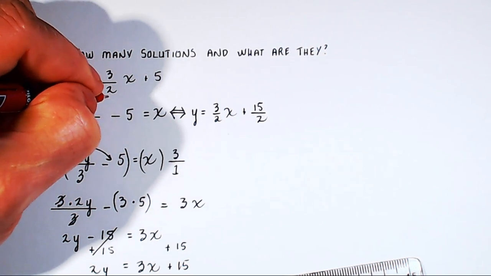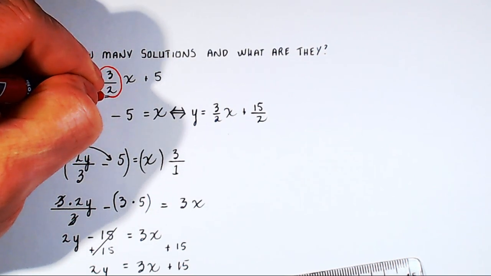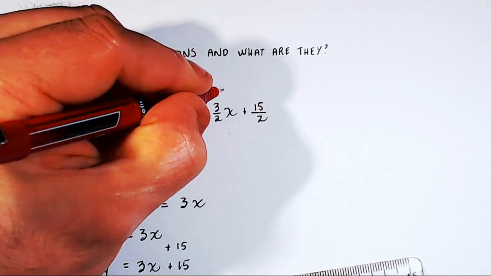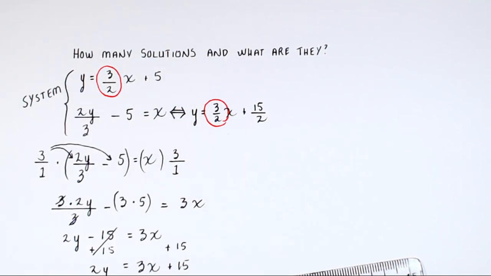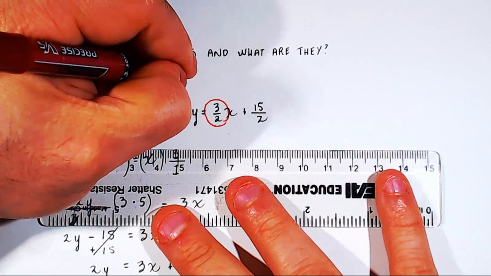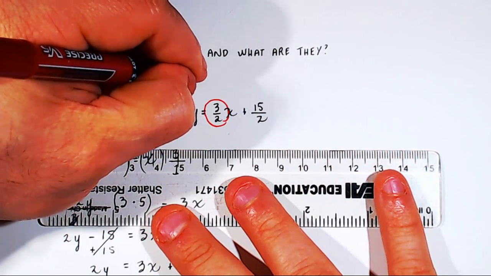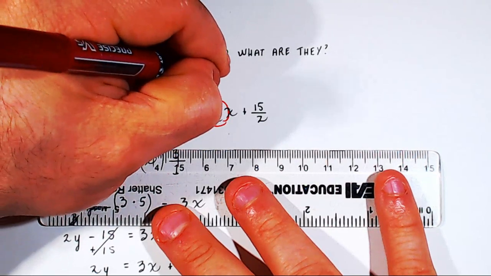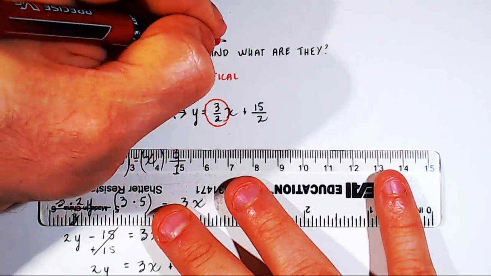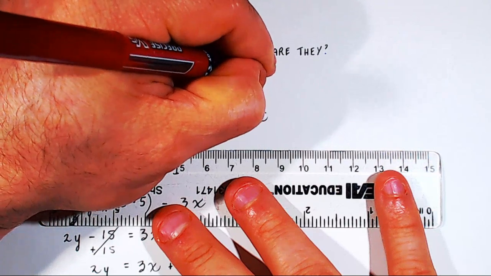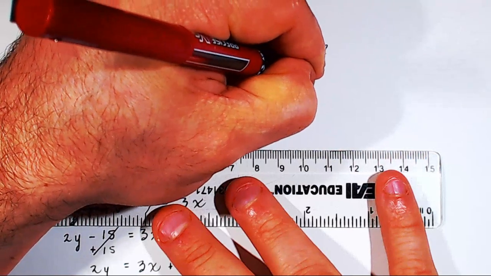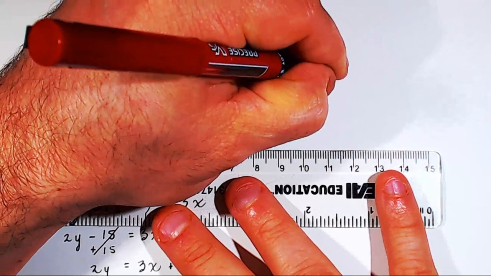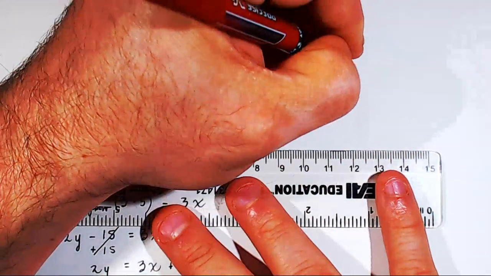Notice that we have a slope value here for y and a slope value here for y. In both of these equations, these slopes are identical. So remember, identical slopes indicate parallel lines.